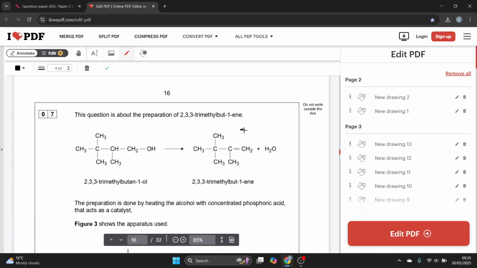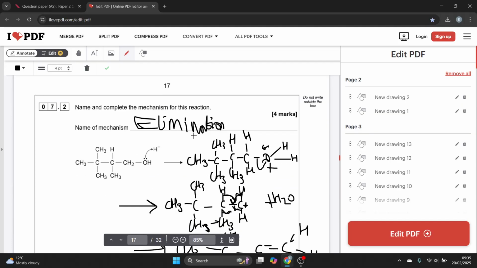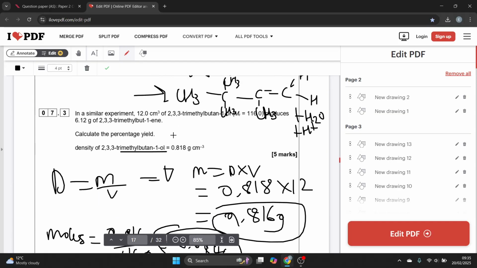The Mr is going to be 98, so times it by 98, and that's the theoretical yield. Sorry, that's the actual yield. So now I do 6.12 over my answer times 100, 73.8%.